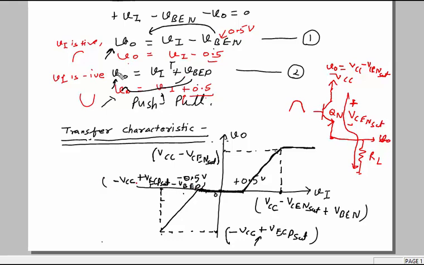So this is the maximum Vi, and after that the curve will be saturated. This is the transfer characteristics of the class B stage power amplifier.